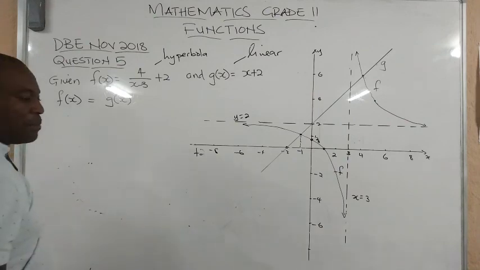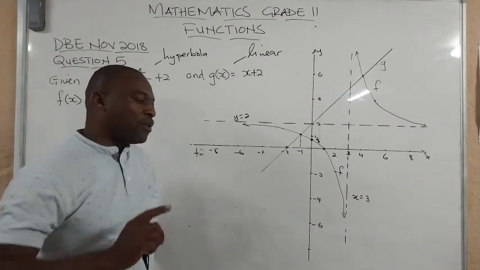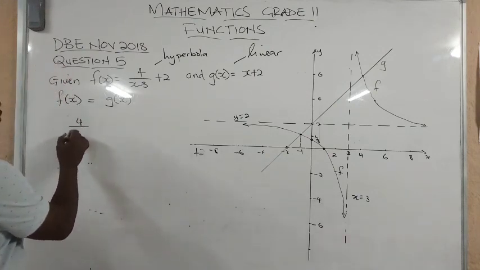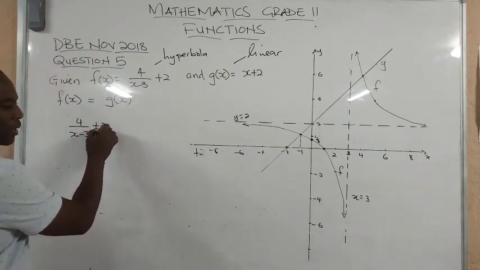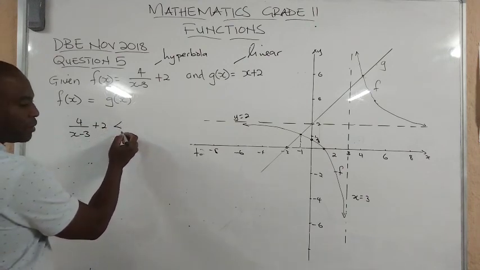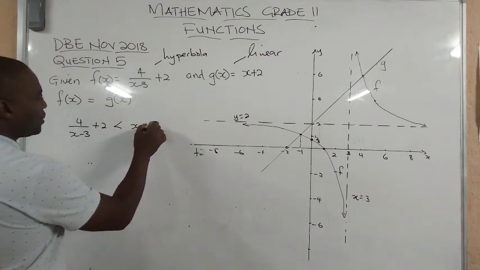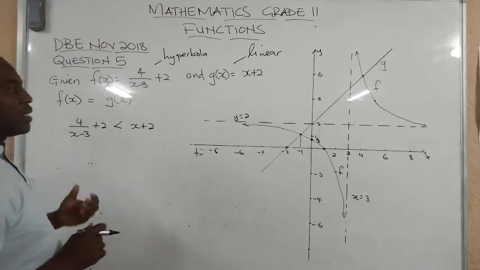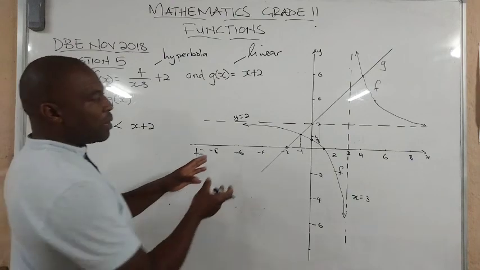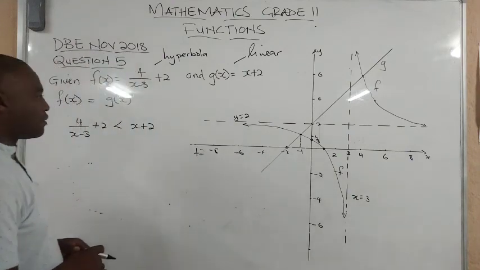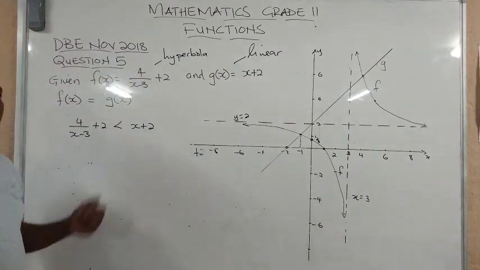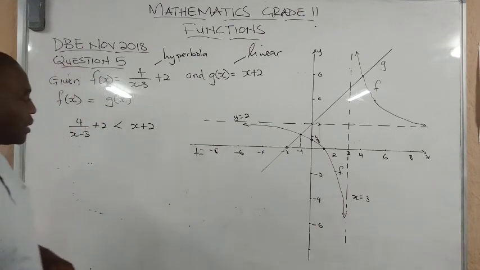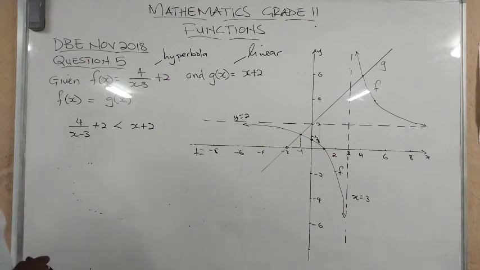Now, determine the values of x for which 4 over x minus 3 plus 2 is less than x plus 2. Now, this question requires you to answer it by observing your graphs, not by solving the inequality. You spend so much time there to get those 2 marks if you try to solve an inequality.